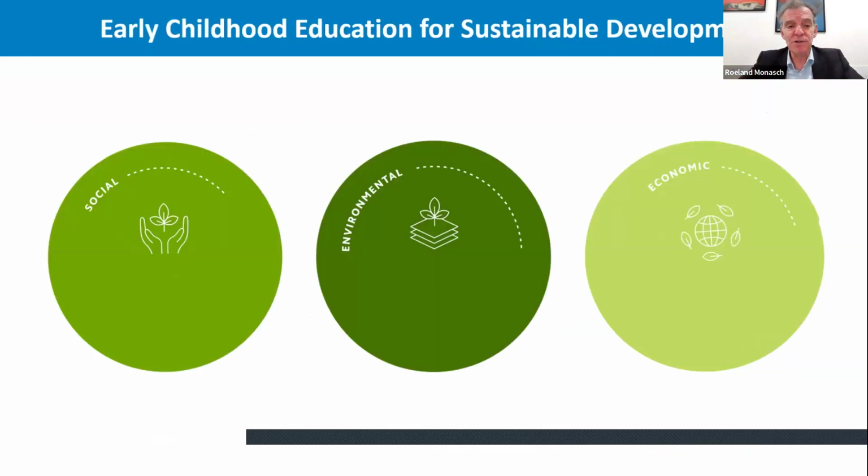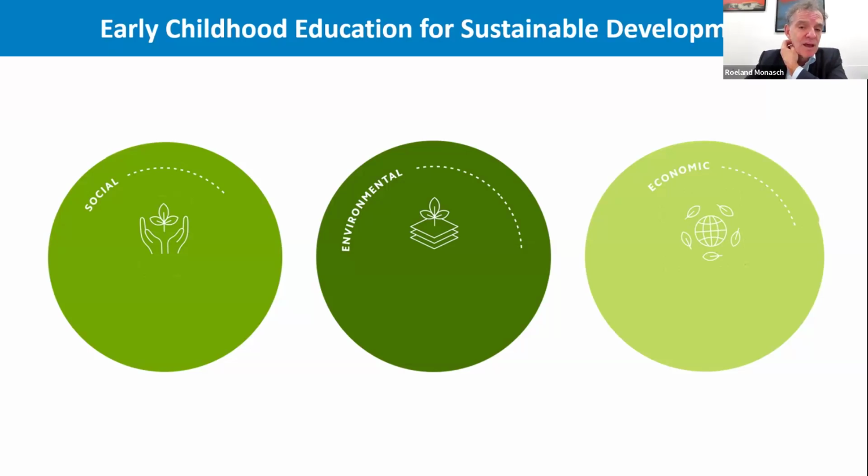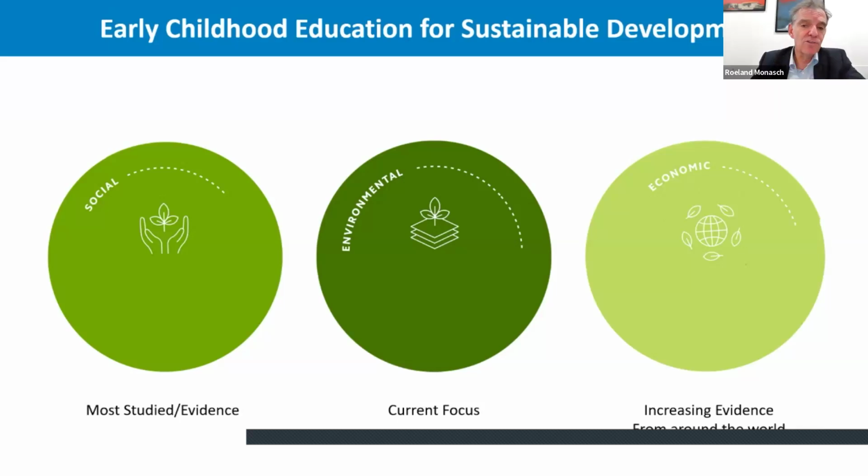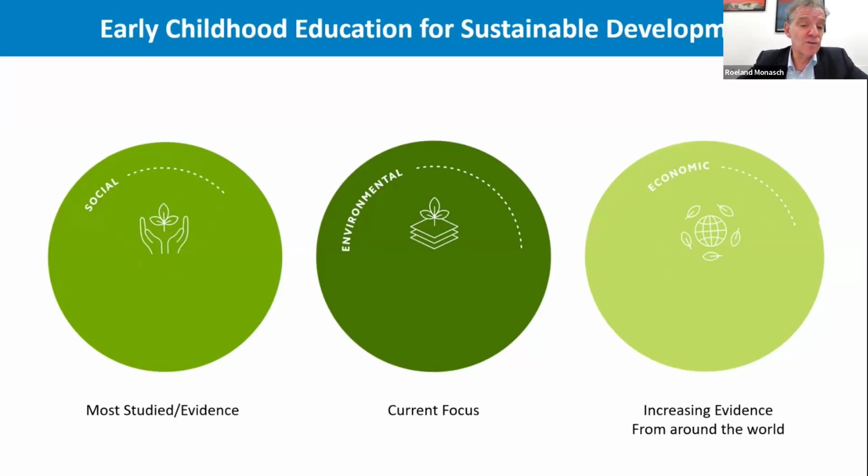They are, of course, very much interconnected, but taking them apart, just a few reflections on the different concepts of the social, the environmental, and the economic element. On the social side, I think there is no doubt about the importance of early childhood education, and specifically the positive impact early childhood education programming can have on the social side is well documented in most countries in the world.